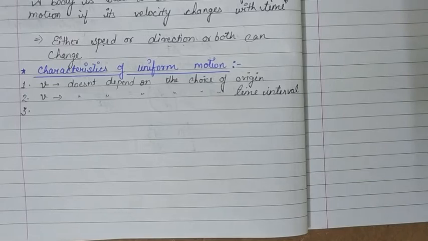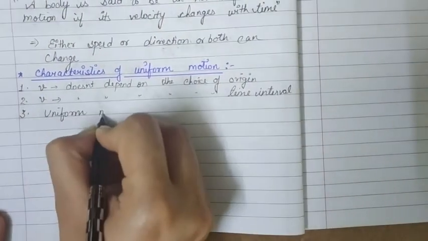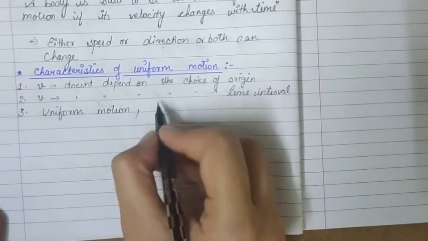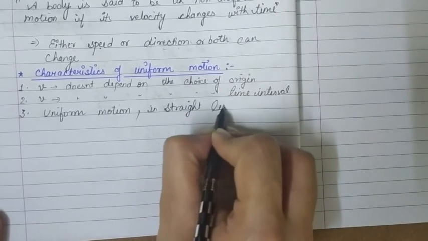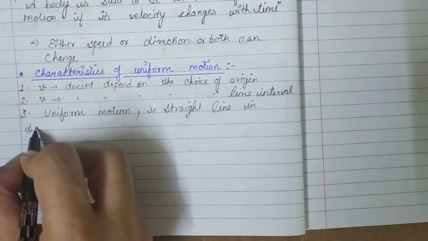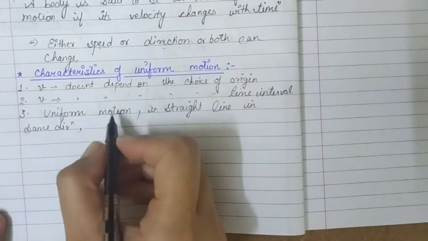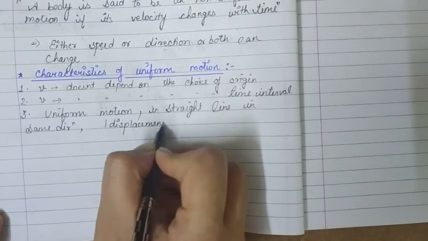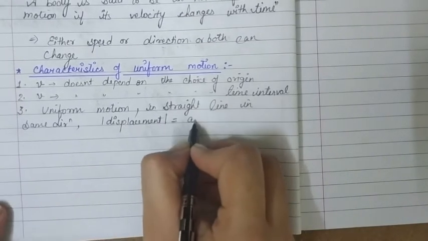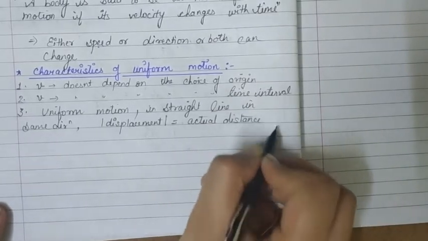So whenever we have uniform motion in a straight line in the same direction, then the magnitude of displacement will be equal to the actual distance covered, that is the path traveled by the object.